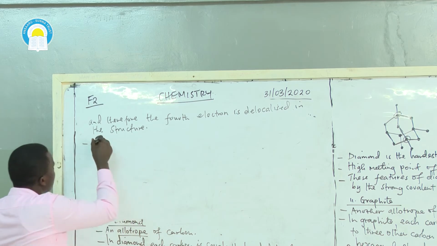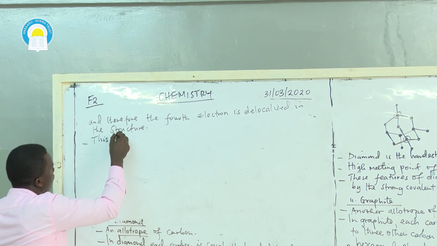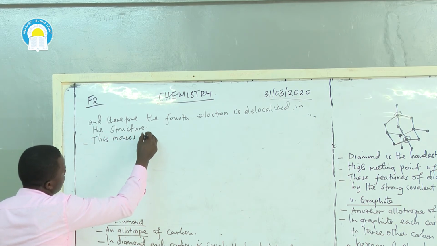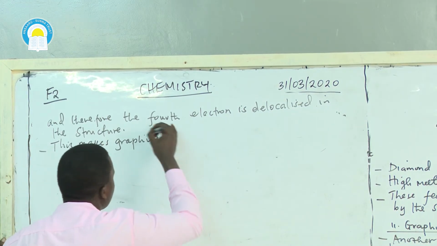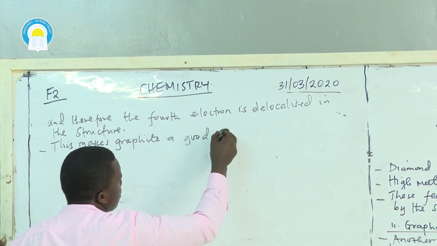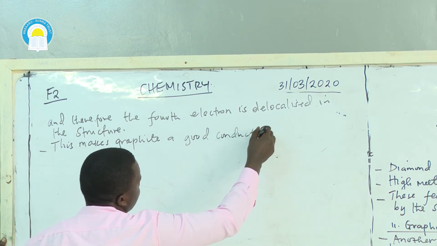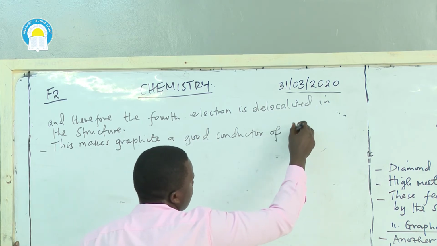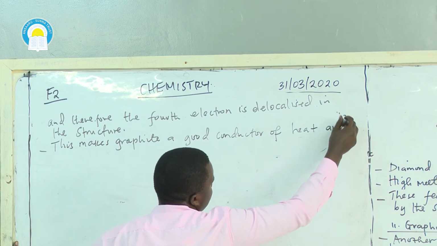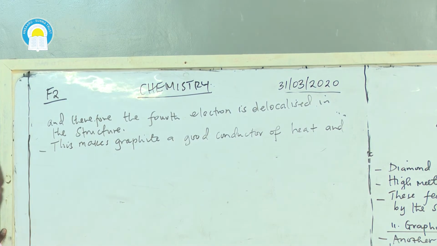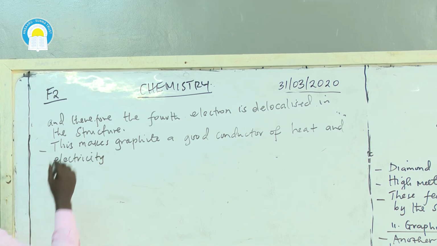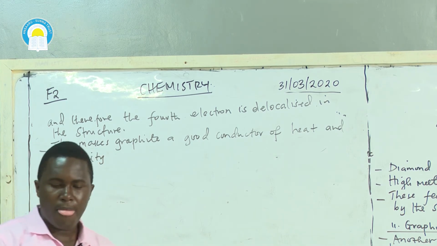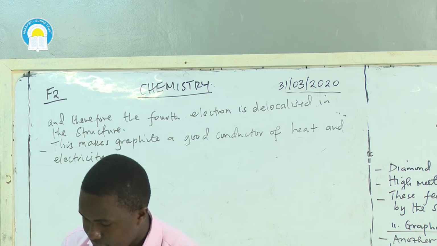So this makes graphite a good conductor of heat and electricity, because of the presence of the delocalized electron.